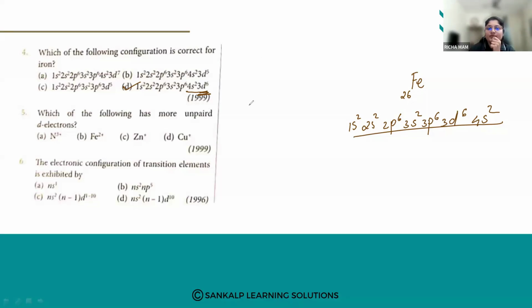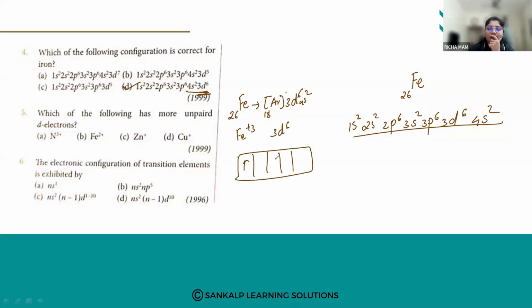For Fe, it will be argon 3d6 and 4s2. So Fe plus 2 will be 3d6. If I fill up the electrons, 1, 2, 3, 4, 5 and 6, the maximum number is 4 unpaired electrons. So option B is the correct answer. Yes, Lubna and Sri Varuni have answered it correct. Very good. Let us go for the next one.